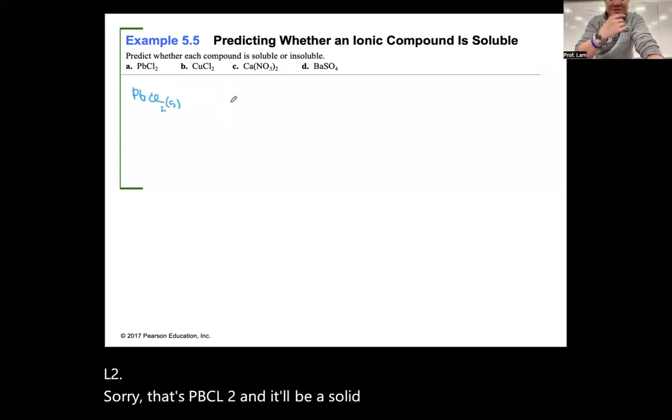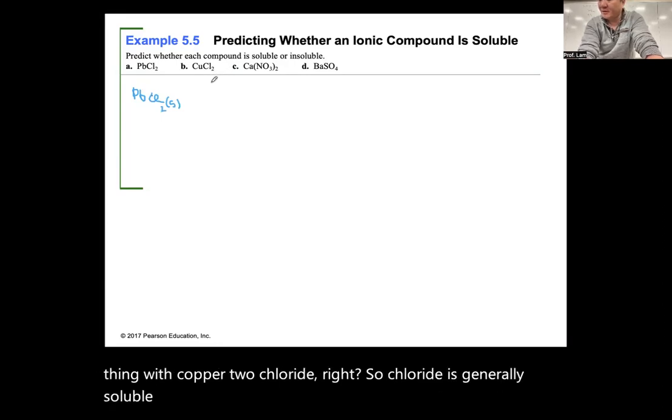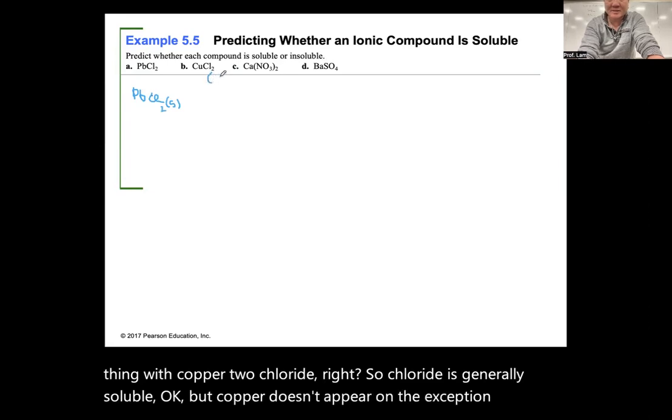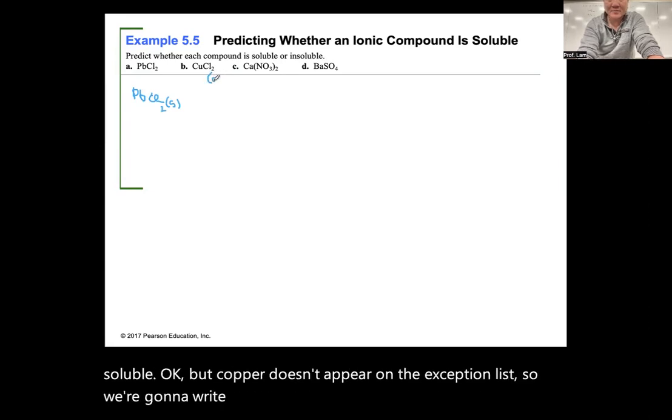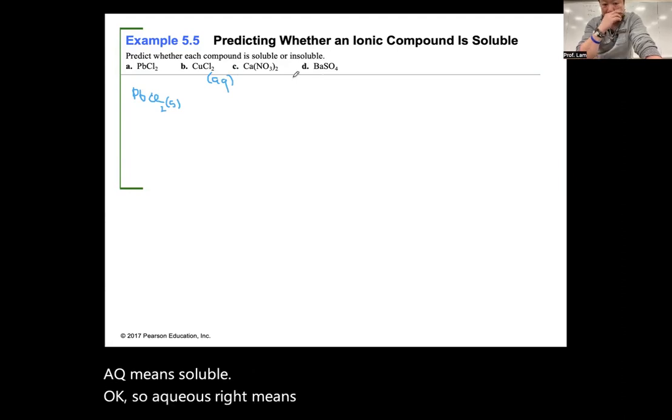Now we do the same thing with copper 2 chloride. Chloride is generally soluble. Oh, but copper doesn't appear on the exception list, so we're going to write AQ. AQ means soluble, so aqueous means soluble. All right, let's look at C, calcium nitrate.